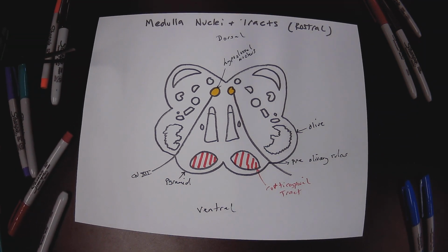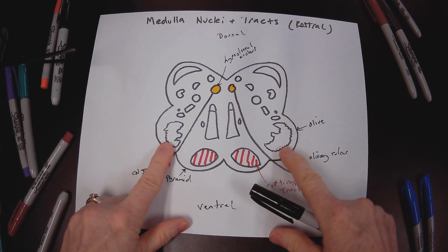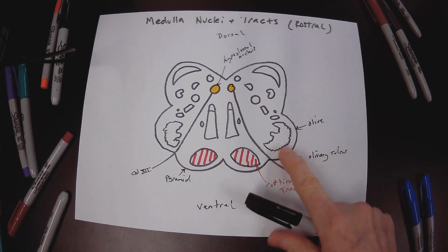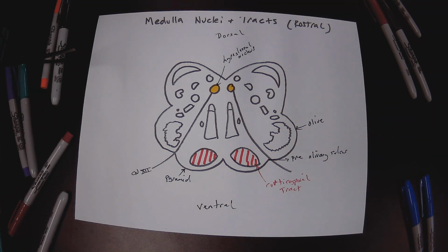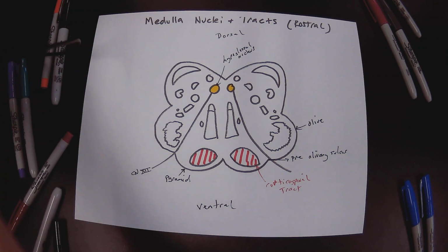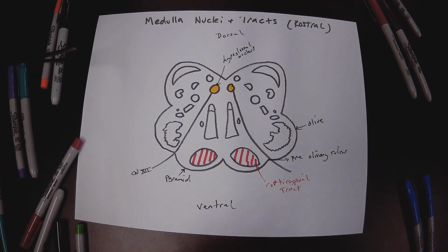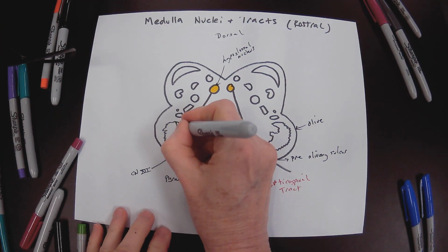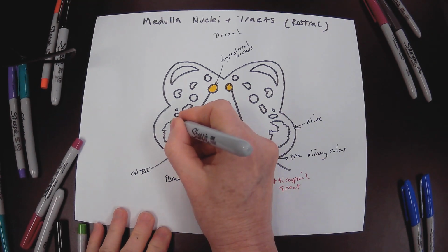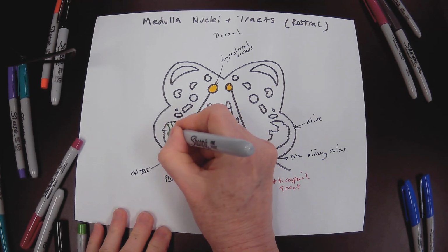Now, what did we talk about that resides in the area of the olive? Does anybody remember? It has to do with the cerebellum and it puts out climbing fibers. That's it. That is your inferior olivary nucleus right here. In the olive is your inferior olivary nucleus.